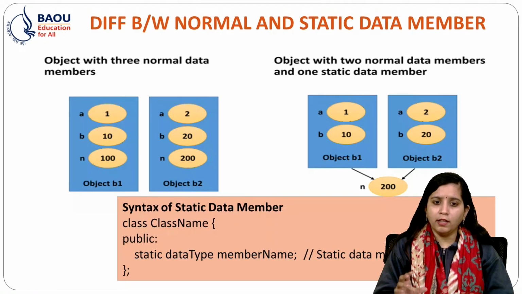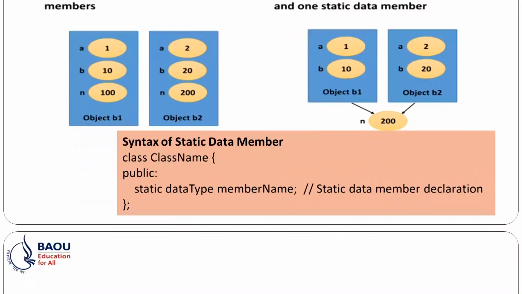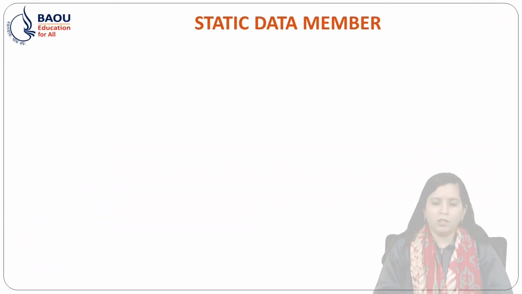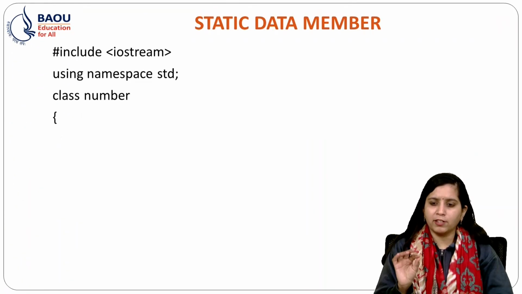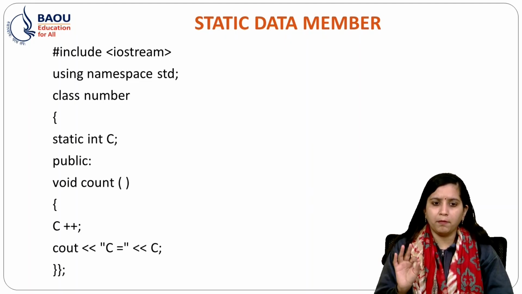Now what is the syntax of a static data member? Class, class name. In the public specifier, I have declared static, which is a keyword, then the data type and member name. Now let's see a simple example of a static data member so that you can get an idea how it works.